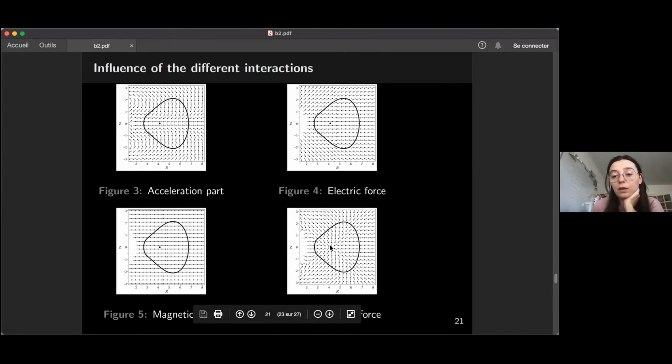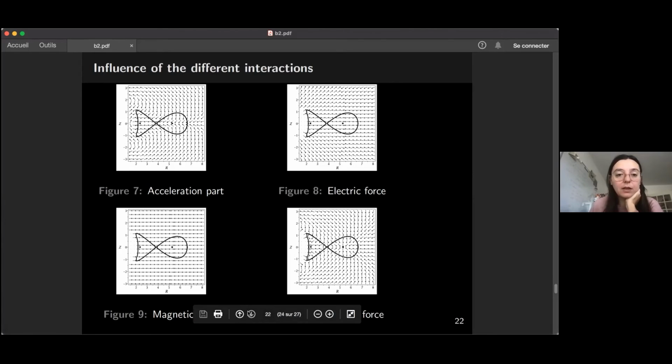You can see that the total force at the end point is directly on the maximum of pressure, which was of course expected. So we can probably say that the fact that the inner part is thinner than the outer part is mainly due to the acceleration part, which is going to effectively counteract the electric force and the magnetic force, which are going in the opposite direction.